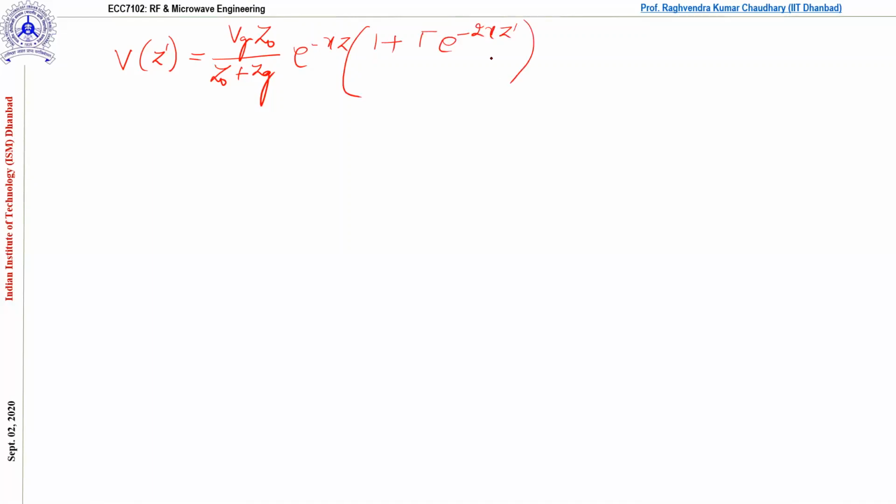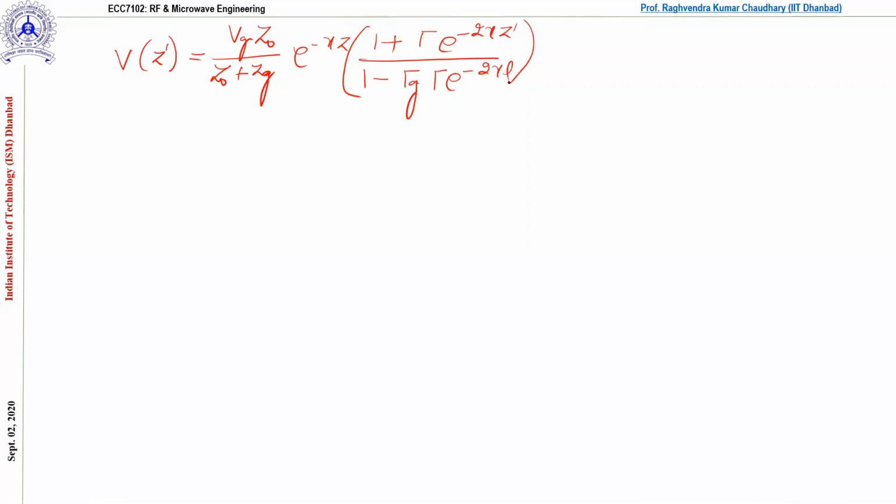So let's recall just what we have, that equation, that Vz dash is equal to Vz Z naught over Z naught plus Zz e to the power minus gamma z, 1 plus gamma e to the power minus 2 gamma z dash, divided by 1 minus gamma z gamma e to the power minus 2 gamma.